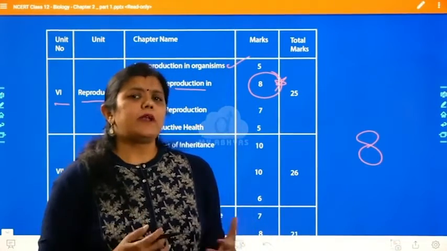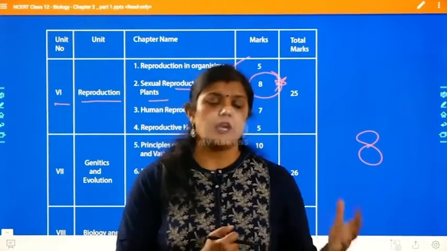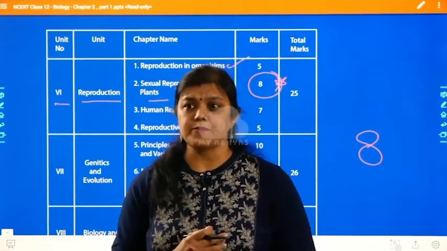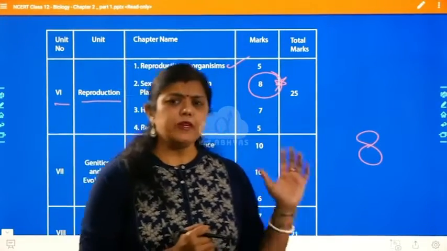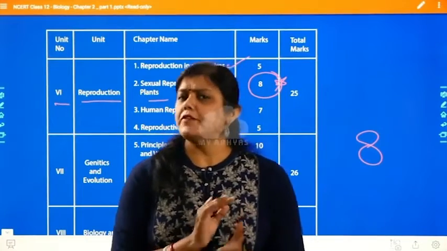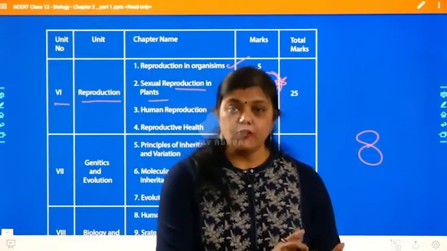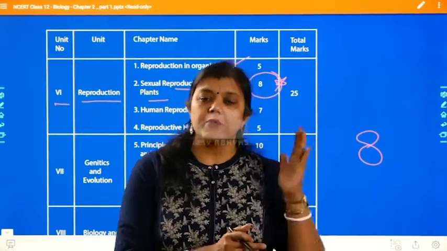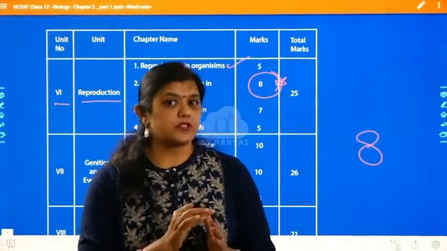Fine. What about the competitive exams? What about the pre-medical exams and the NEET and CET exams? When we talk about NEET, CET and pre-medical exams, a few years back, this chapter was not given so much importance, before the syllabus was revised. Now, recently, the pattern is that from this particular chapter, there are like 4 to 5 questions asked.